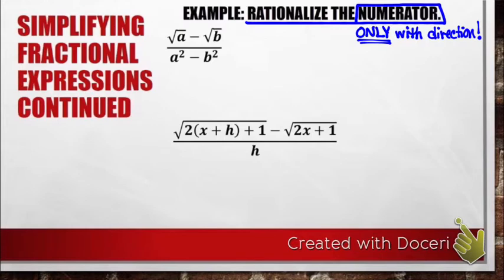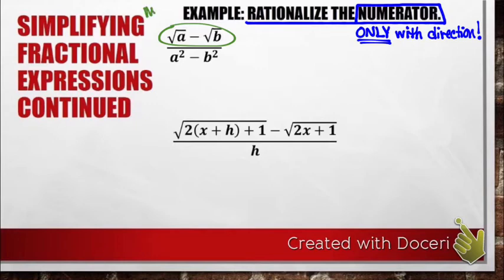In my numerator, I've got two radicals separated by what? Subtraction. When I have radicals, or even just one radical, and I've got pluses and minuses, what can I multiply by to make all the radicals cancel? Conjugate.